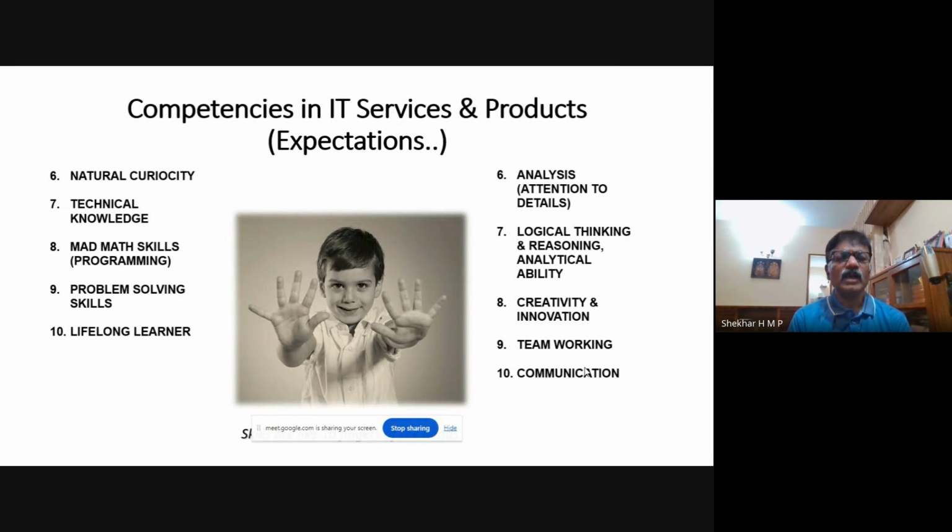Then attention to detail. When they are asked to read a document, whether a development document or a requirements document, they don't really read it and understand it clearly. When they don't understand, they translate it into design and implementation and make all the mistakes. So that is a very critical analysis part.